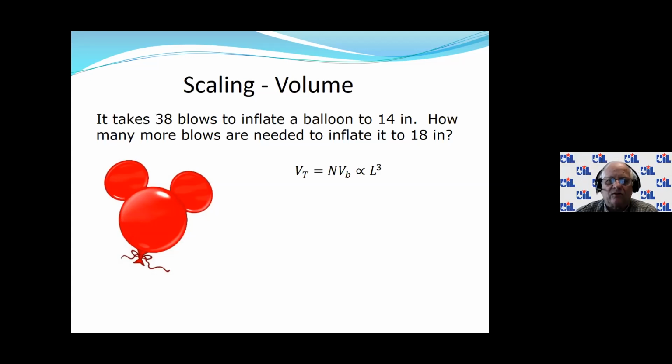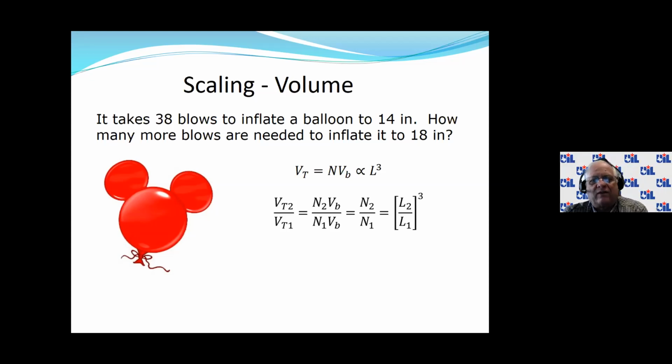And so I can write the ratio of the total volumes as the ratio of N2 to N1 times the volume of a blow divided by the volume of a blow. And so VB2 and VB1 are equal to each other, right? Because the volume of one blow is going to be the same. So I get just the number of blows, then N2 over N1 is going to be proportional to L2 over L1 squared cubed.